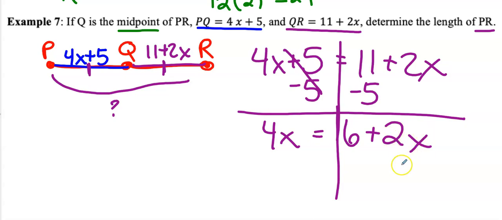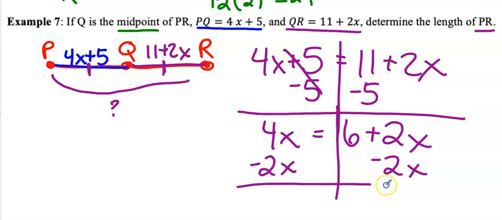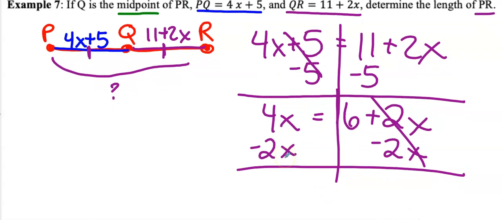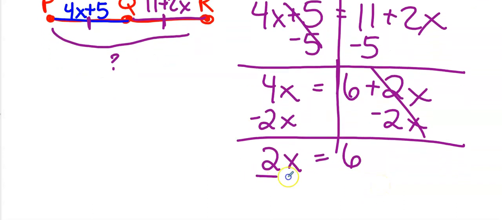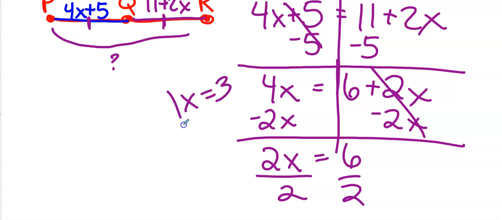So now the 2x's come over here. So minus 2x. Minus 2x. 4 minus 2 is 2. So 2x equals, bring down 6. Y dividir. So x es 3.